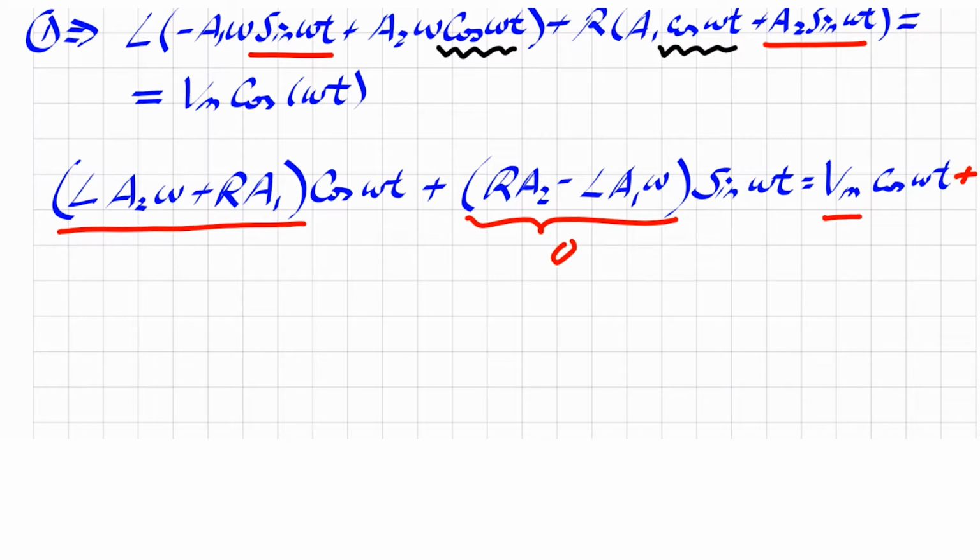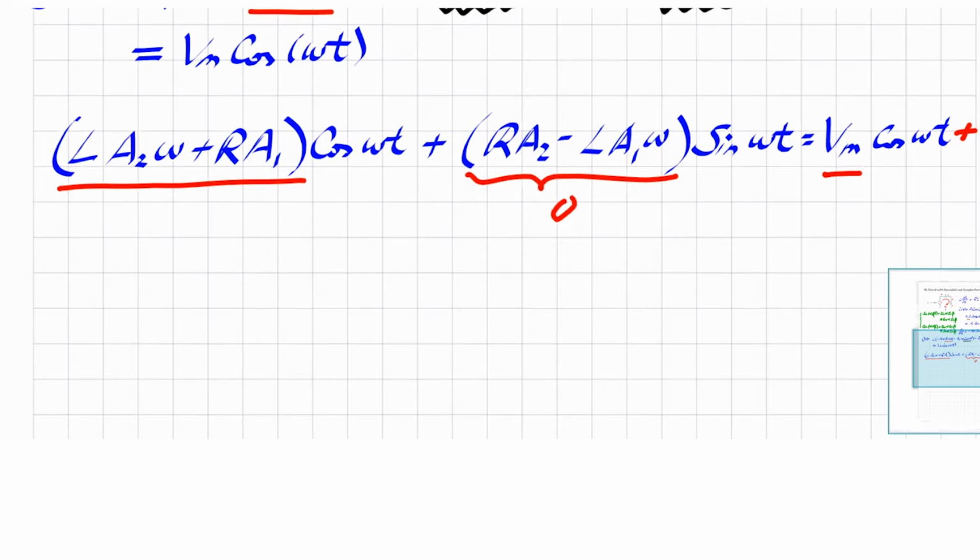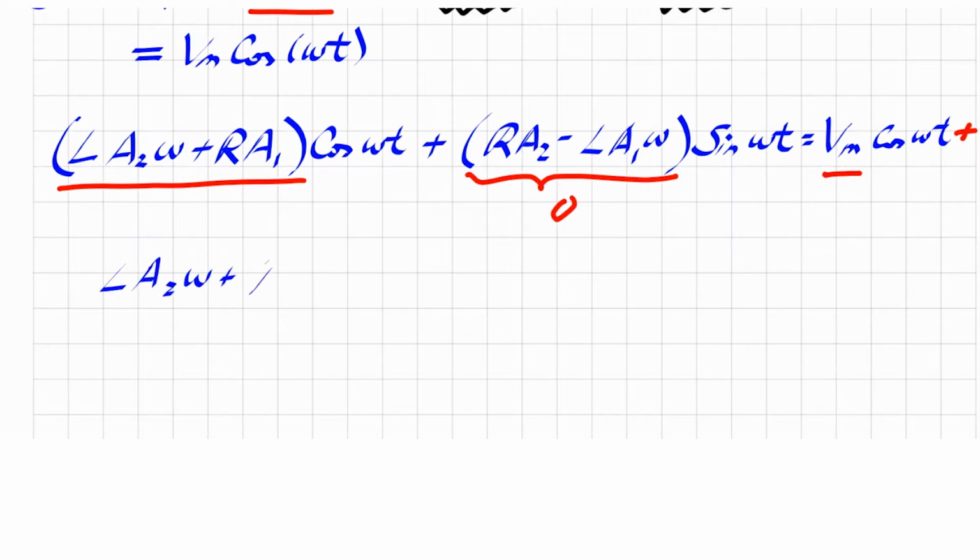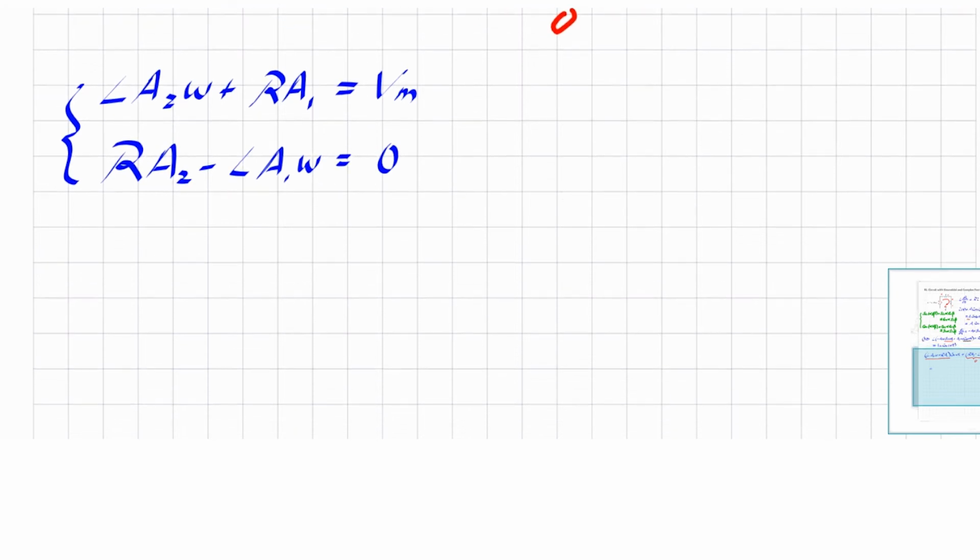So we end up with L A2 omega plus R A1 is equal to Vm, where R A2 minus L A1 omega is equal to 0. This is the conclusion from that differential equation. Now, if they satisfy that, we found the solution.